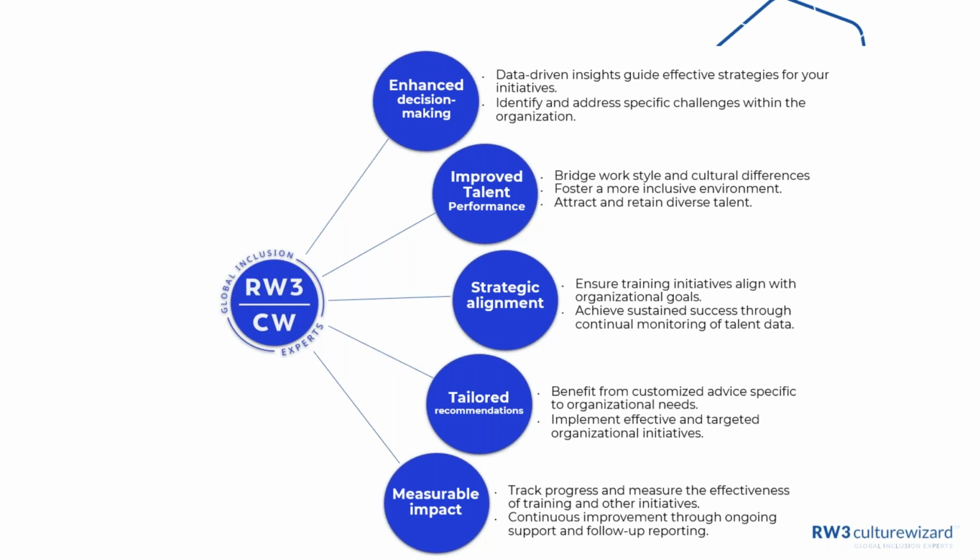In the case of training, one common use case is to better tailor your training to your organization's specific needs. For example, on the inclusion calculator, we measure bias awareness as one of our dimensions.